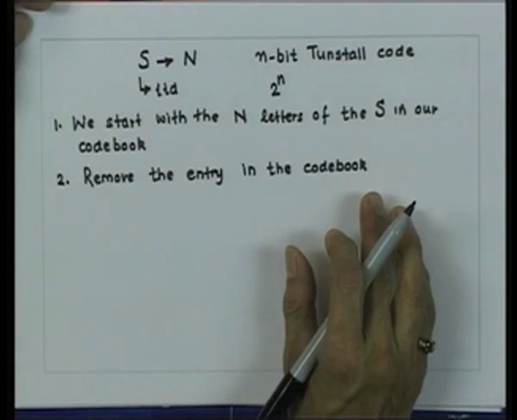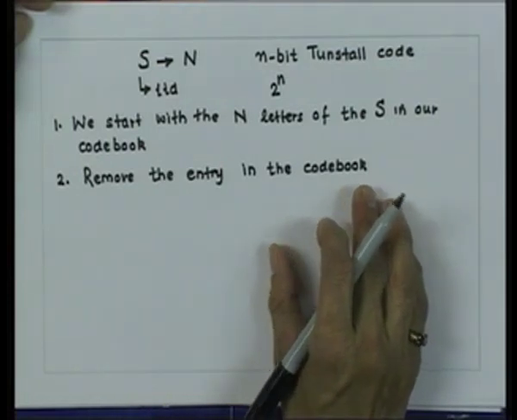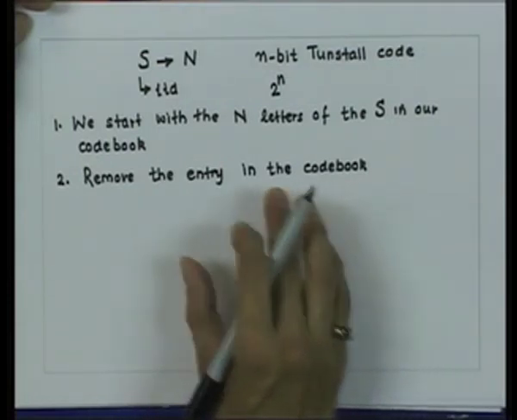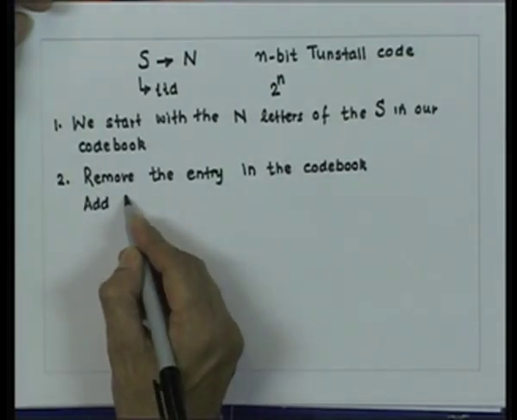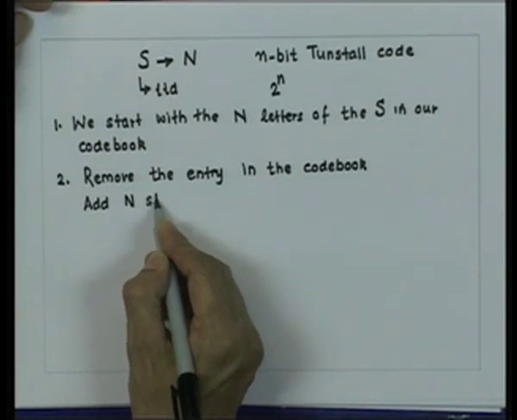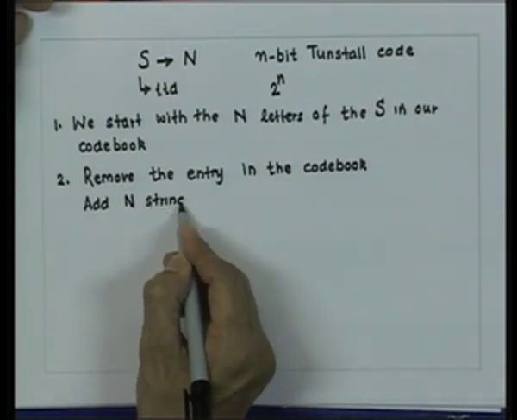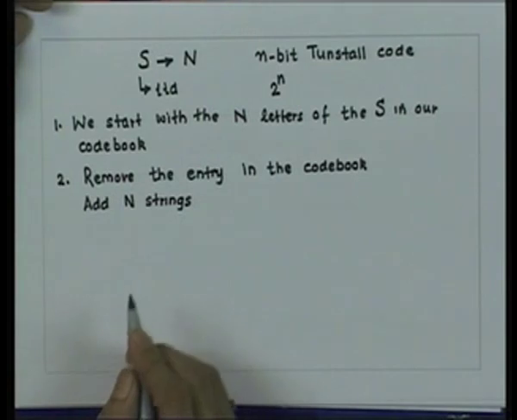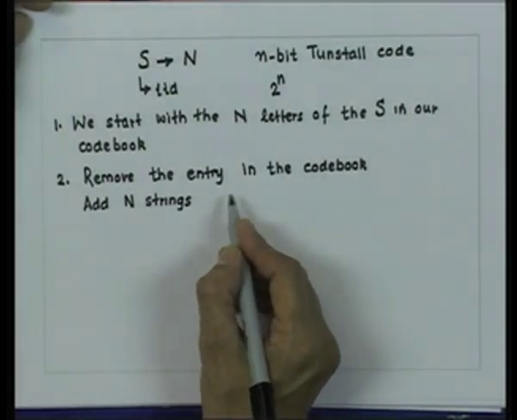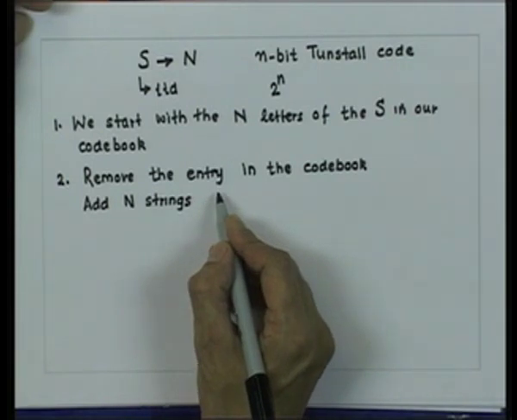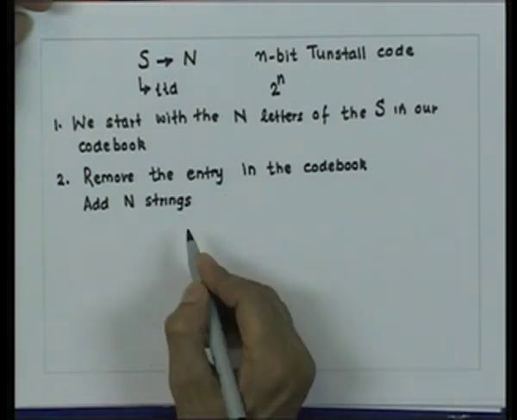that has the highest probability, and then you add n strings obtained by concatenating this letter which you have removed with every letter in the alphabet.